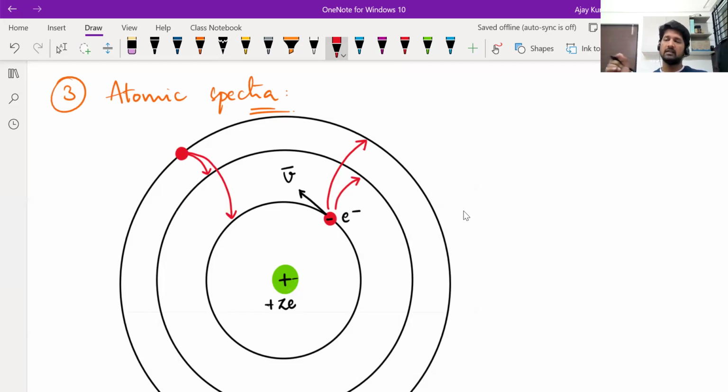So only certain energies of radiation will be emitted, and if only certain energies are emitted, that means only certain wavelengths are emitted. This is how Bohr explained the atomic spectra of atoms, why only certain wavelengths are absorbed and emitted by atoms. The rest of the chapter is about the calculation of how much energy is emitted, absorbed, and how much energy an electron has, all those things.